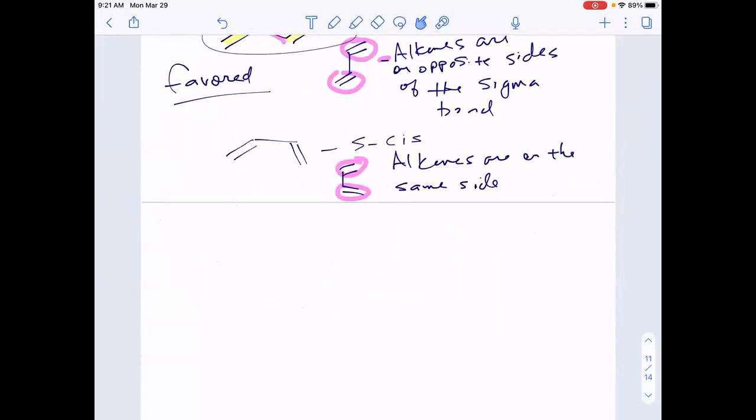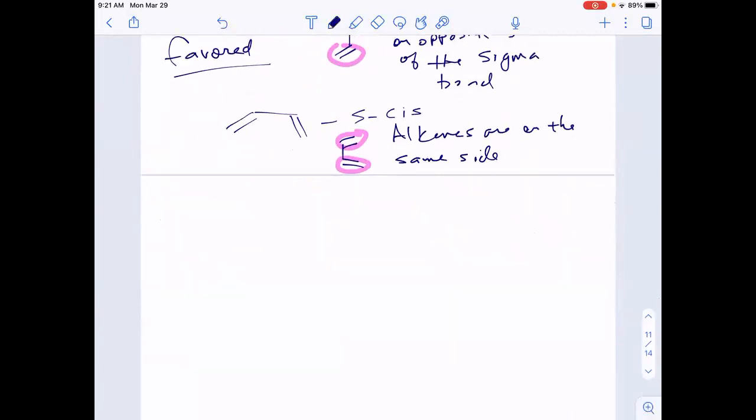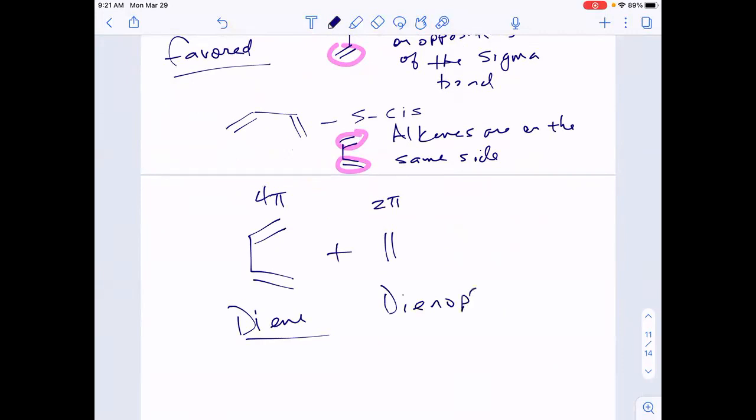So if I'm doing a 4+2, I'm going to take my diene and react it with the 2 pi system. This is 4 pi, this is 2 pi, and I call that my dienophile.